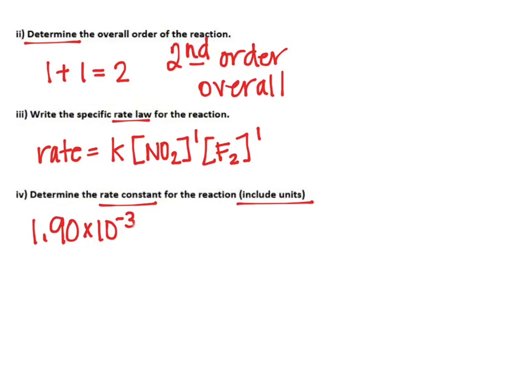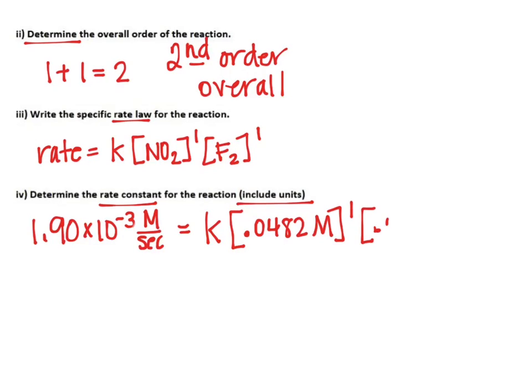I'm going to put the units for our rate, so that's molarity over seconds, is equal to K times the concentration, 0.0482 molarity to the first power times the concentration, 0.0318 molarity to the first power. So put that in the calculator and solve for K for me.